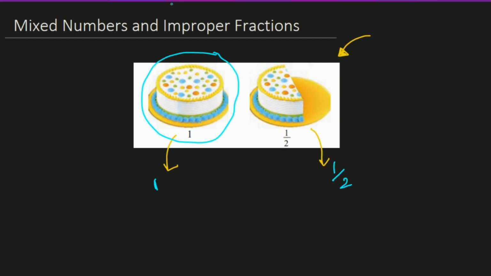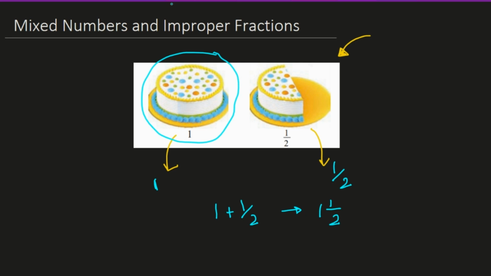Half. Understood? So in total, the total amount of cake can be written as 1 plus half times the whole cake. So this can be written, again without the plus sign, as 1 and half, right?